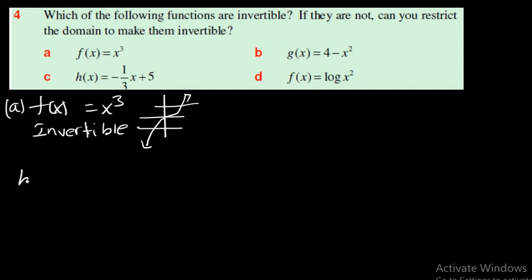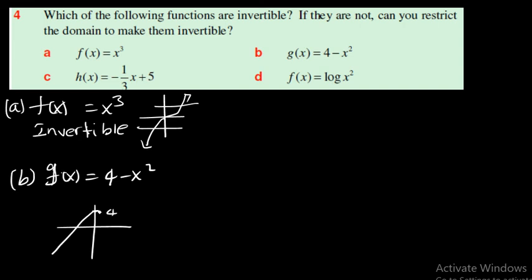But when you come to B, it says f of x is equal to 4 minus x squared. It's a downward parabola, because the coefficient of x squared is negative. Where is the vertex? At 4. The graph goes down on both sides, so it's not invertible. But to make it invertible, you have to restrict the domain.